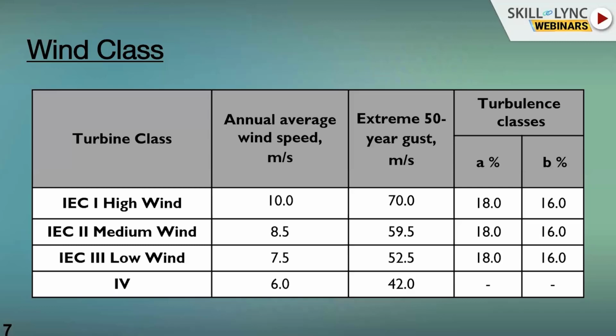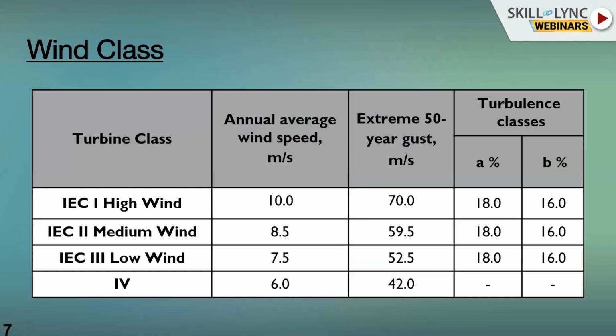If the wind speed is above 8.5, it is called IEC 2, a medium wind. If the wind speed is 7.5 meters per second, it is called low wind. We also have to measure the gust wind and the turbulence level. These three parameters decide the wind class.